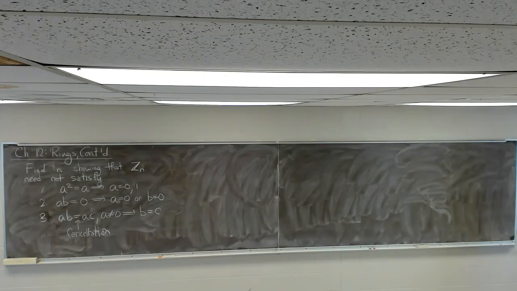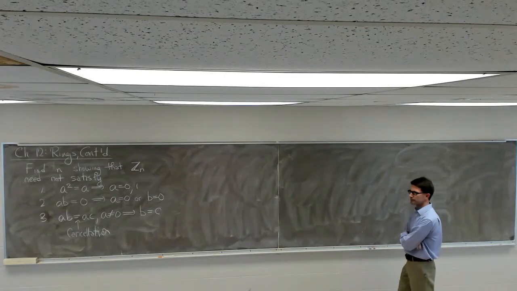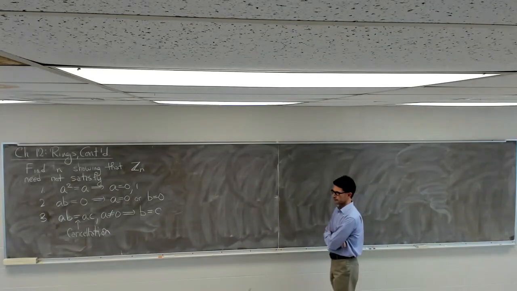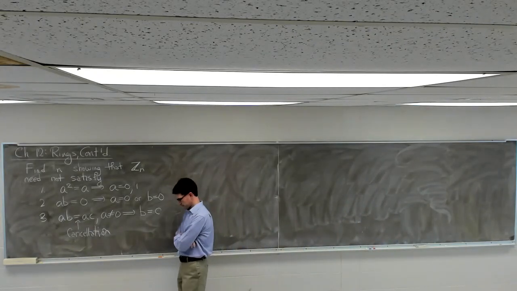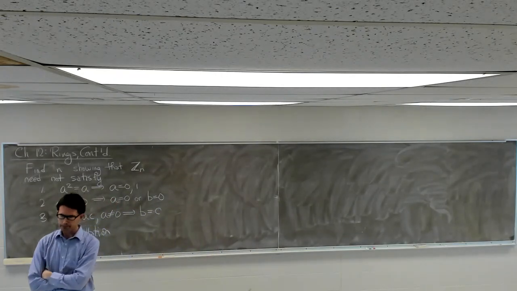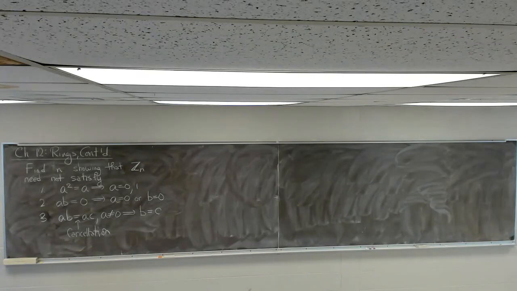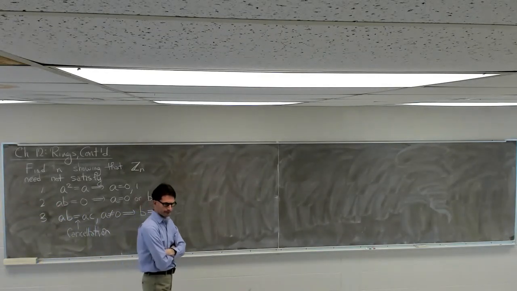If A is 3, then 3 squared is 9, which is 3 more. I found one: 3 squared equals 3 in Z6, and that's in the integers mod 6.